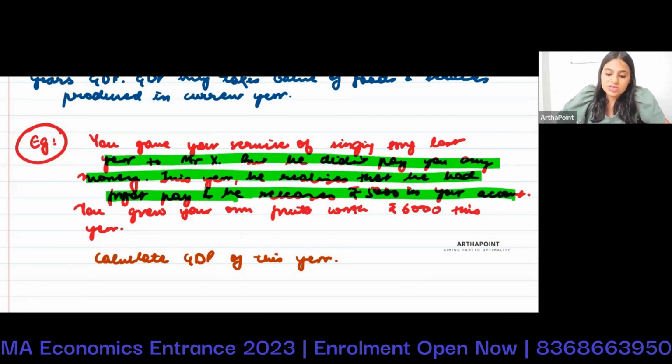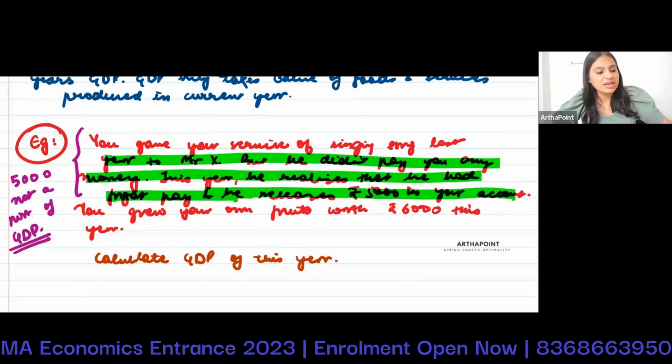So this is the first part that we are saying, that at least this 5,000 is not a part of GDP. Last year, they gave a question based on the illegal markets. And then they said that for that illegal market, somebody is providing services. Would that be included in GDP or not? So basically, they will give 4-5 points based on different rules, and finally ask you to calculate the GDP.